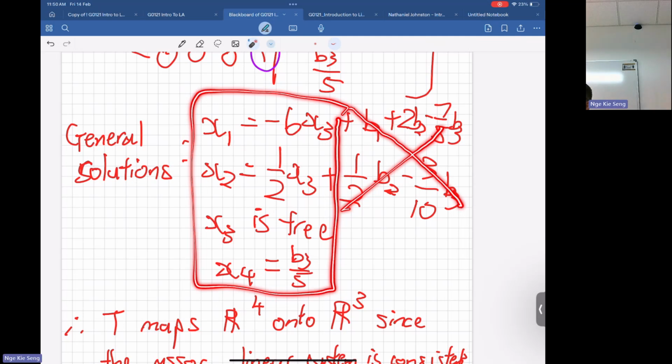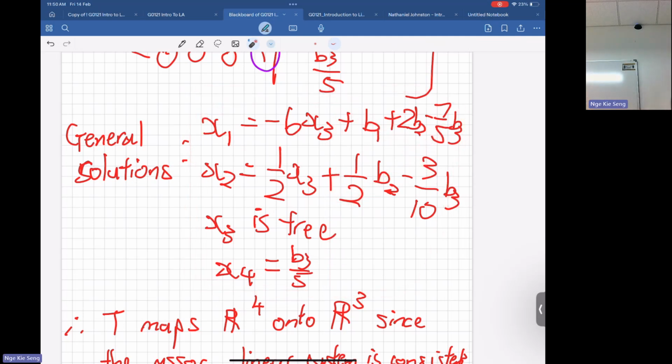So this solution is a solution to the homogeneous equation plus the particular solution. The homogeneous solution here is x1 equals minus 6 x3, x2 equals half x3, x3 is free, x4 is 0. So if you put a different x3 into it, you will get a non-zero solution.